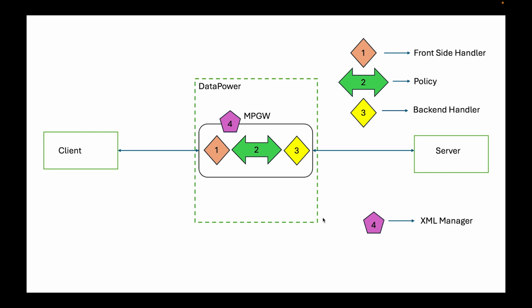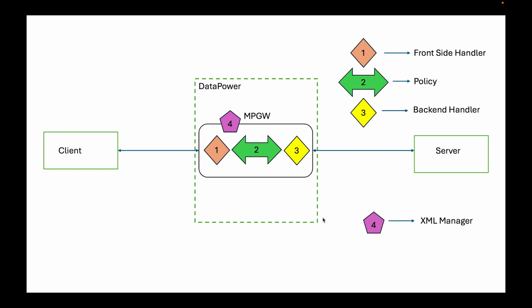Remember that multi-protocol gateway can have other objects too. And all of these objects like front-side handler, policy, and backend handler can have their composing objects as well. But these are the primary objects that make up the multi-protocol gateway. Summarizing it again, a multi-protocol gateway object is sitting between client and server.